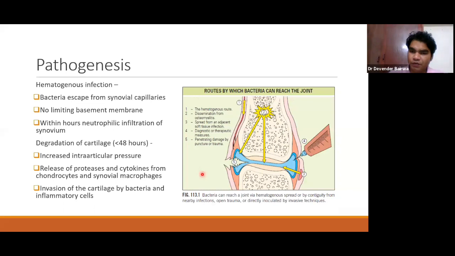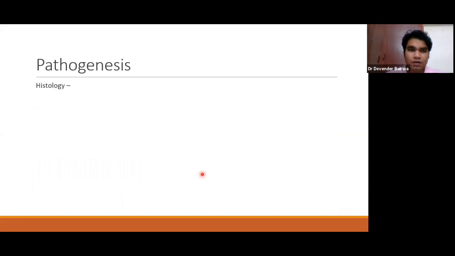So what happens if you take a section of an acute septic arthritis joint? You will be able to see deposition of bacteria over the cartilage as well as the synovium. This is the reason why, if within 48 hours there is so much damage to the joint, it is so necessary to treat these patients as early as possible. Otherwise, the joint can be at risk.